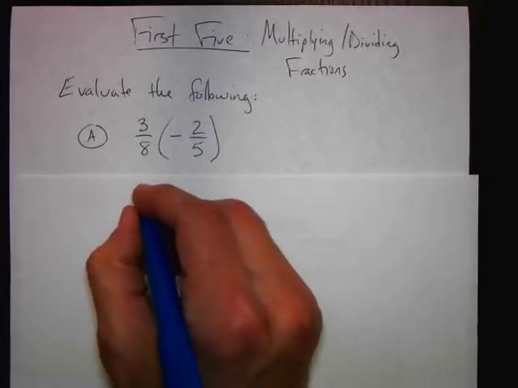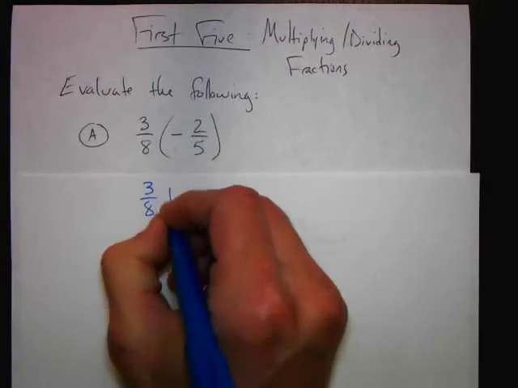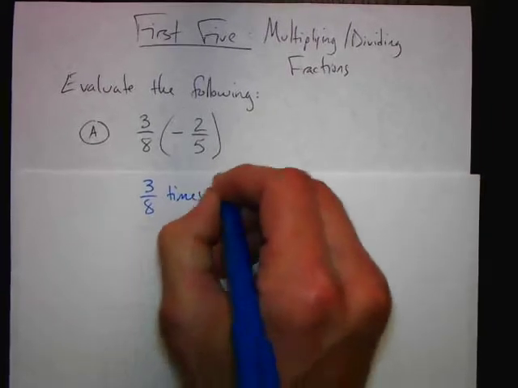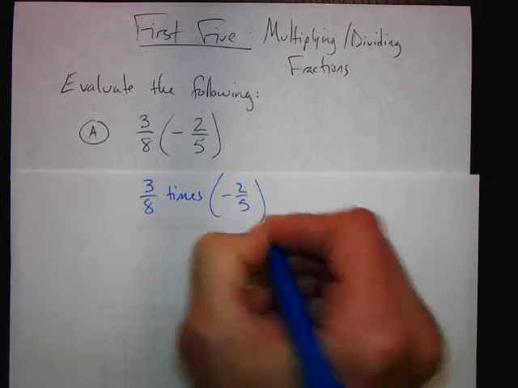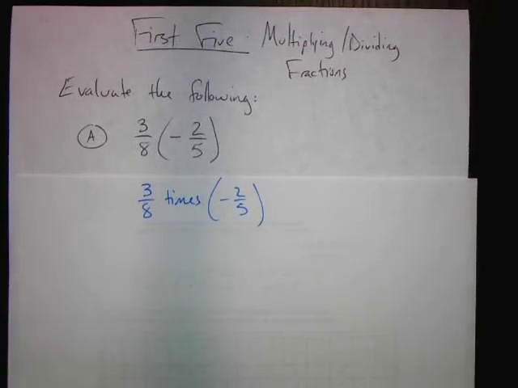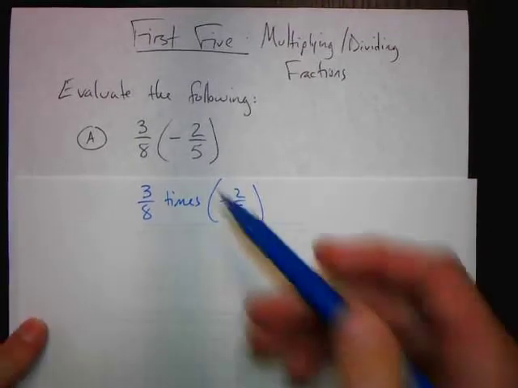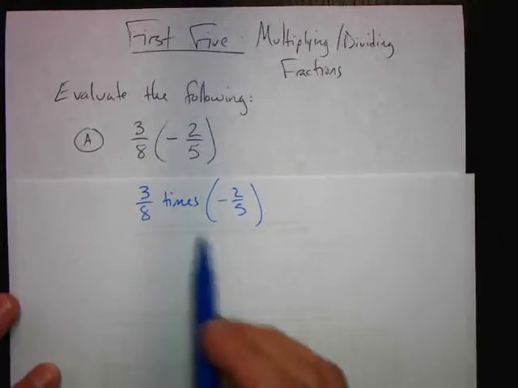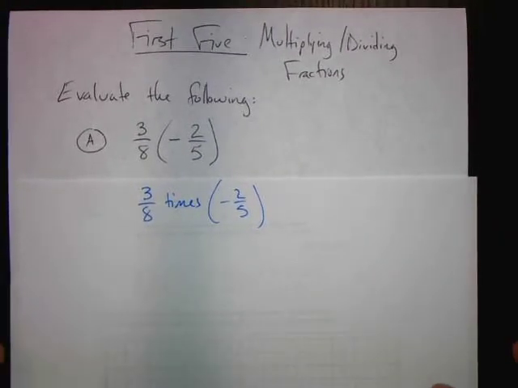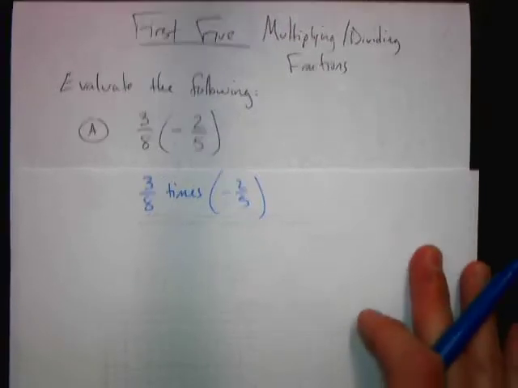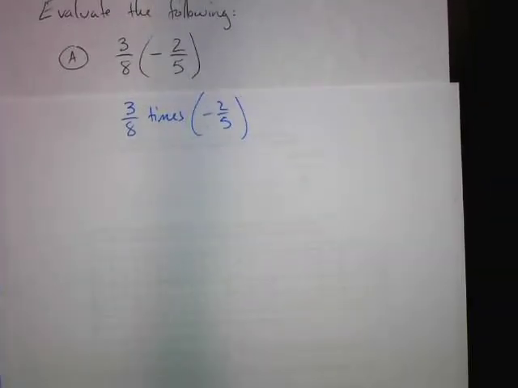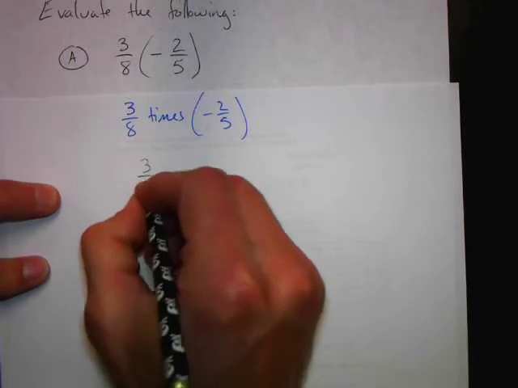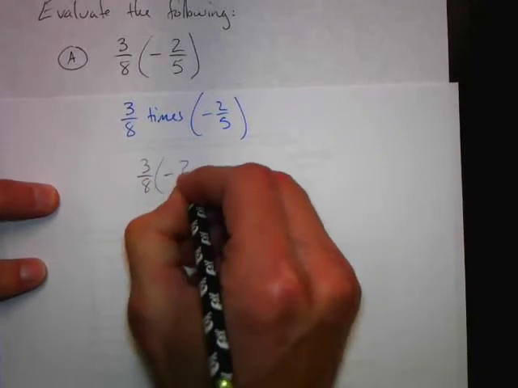And when you read this out loud, you're reading 3/8 times -2/5. All right, so the reading of the problem is going to be so important. A lot of students will say, is that minus or is that times? And you have to see the difference with the symbols in the parentheses.